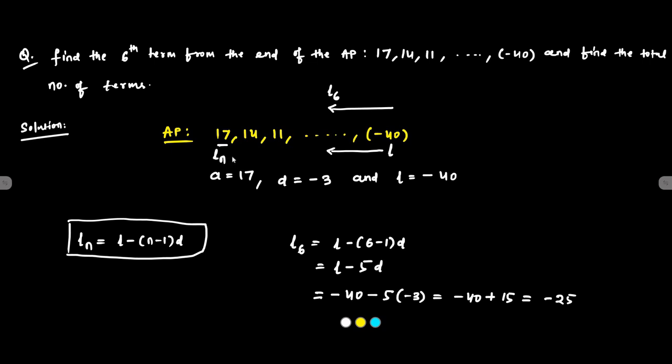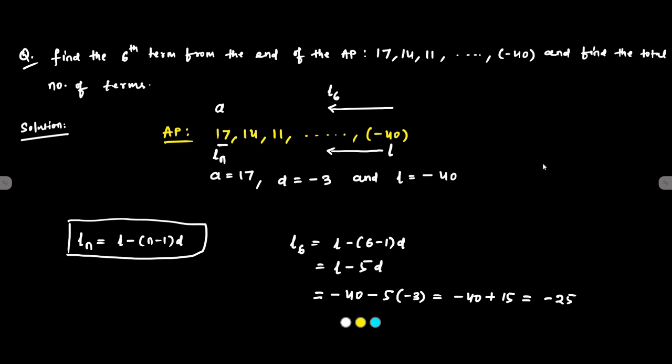You are getting my point? If we proceed from the end, this term, which is actually the first term of the AP, if we count from left to right, this first term becomes the last term from the end. Okay, so here we want to find the value of n.